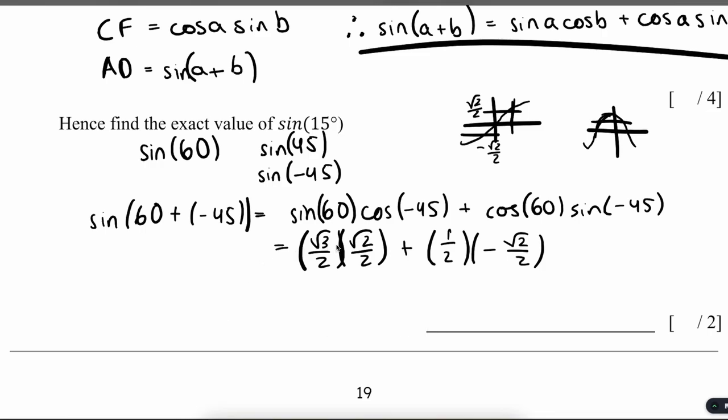So this is root 6 over 4 minus root 2 over 4. So our answer is (root 6 minus root 2) over 4.